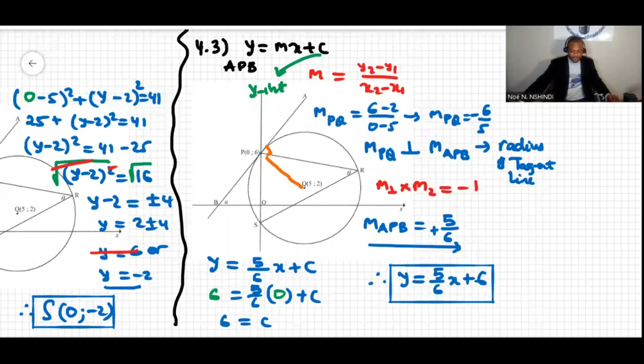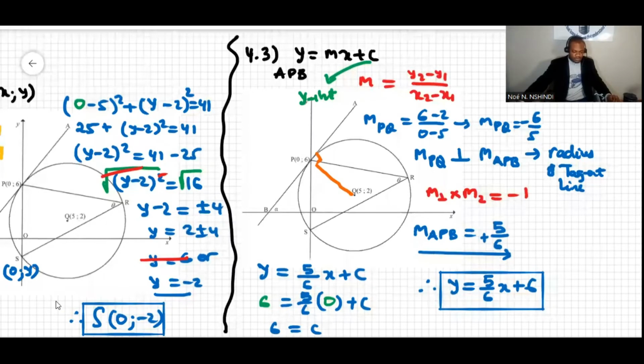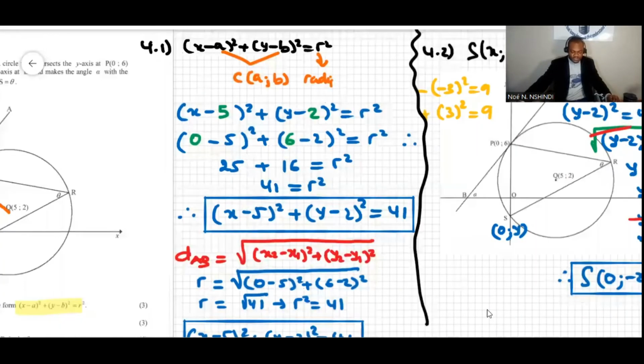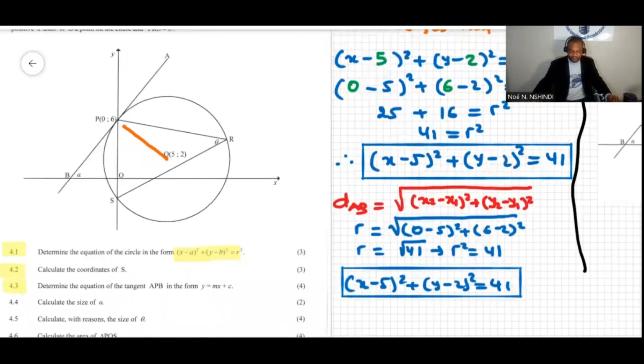Right, now we're going to do 4.4. Let's see, question 4.4. What does it say? Well, question 4.4 says, calculate the size of alpha.